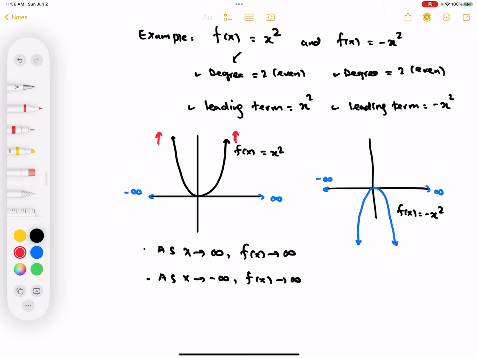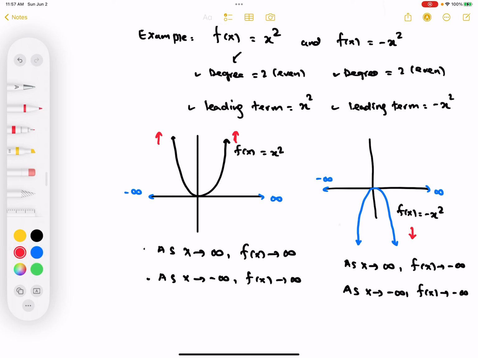Now the second one: as x goes to positive infinity, f of x goes down, to negative infinity. And as x goes to negative infinity, the same thing, f of x goes to negative infinity.